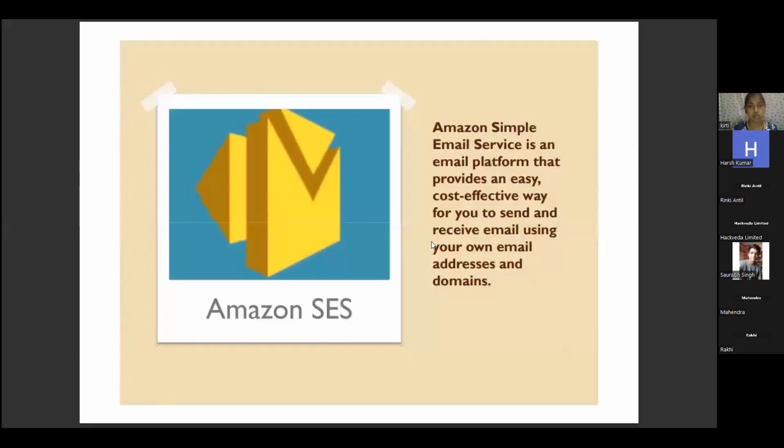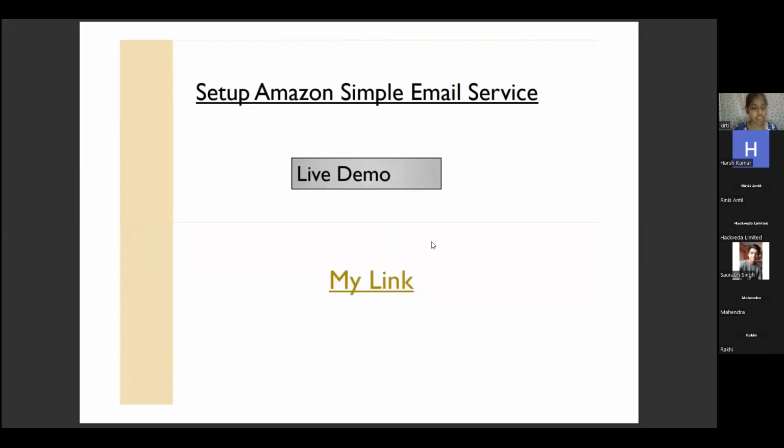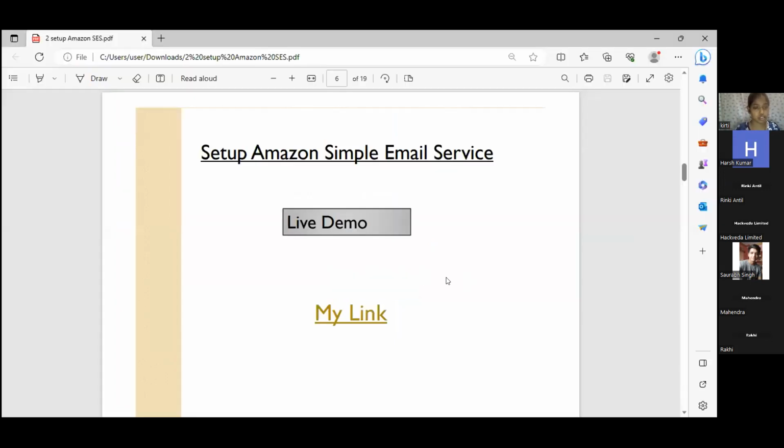Here is a little definition of Amazon SES. Amazon SES is a cost-effective email service built on the reliable and scalable infrastructure that Amazon.com developed to serve its own customer base. And here is a live demo.